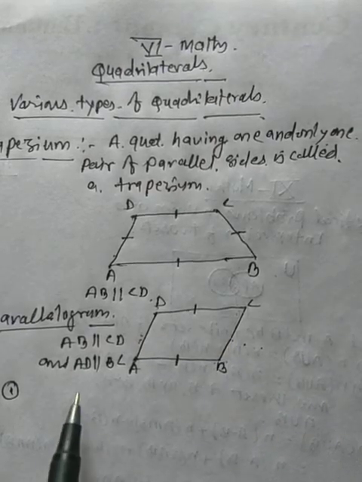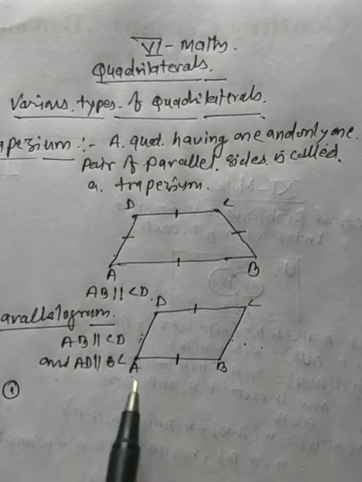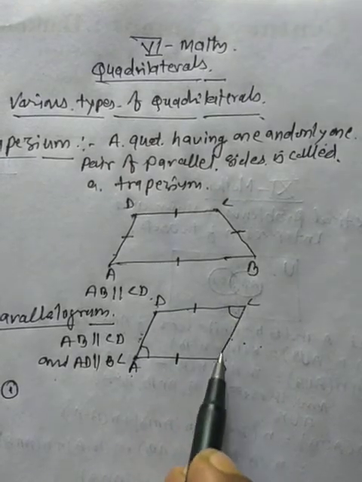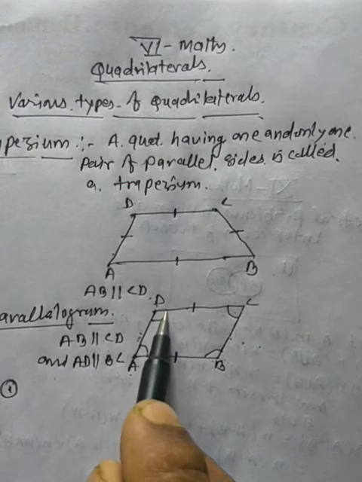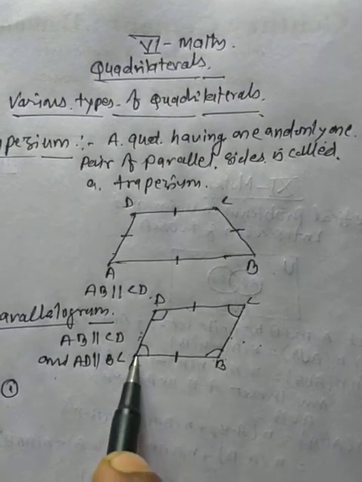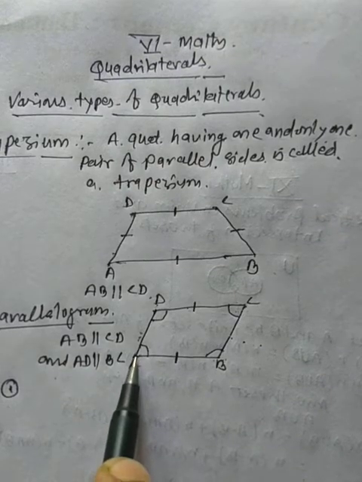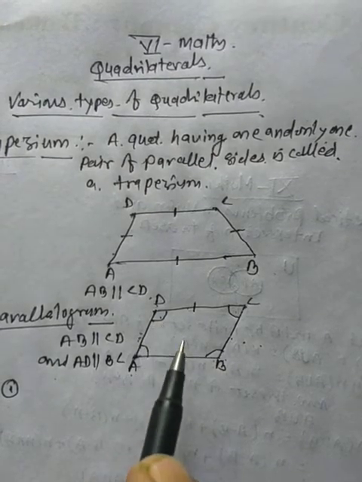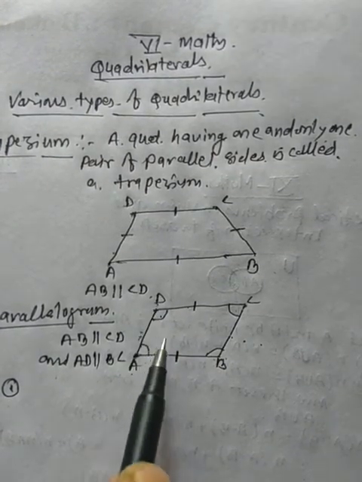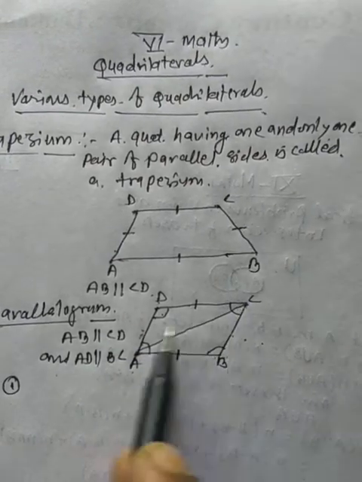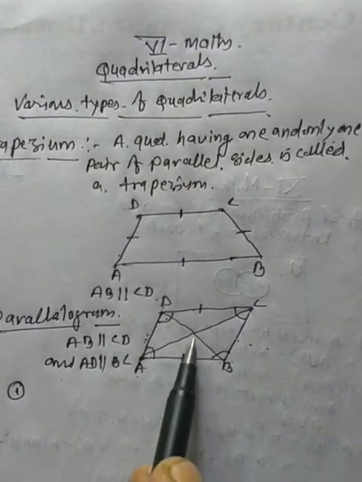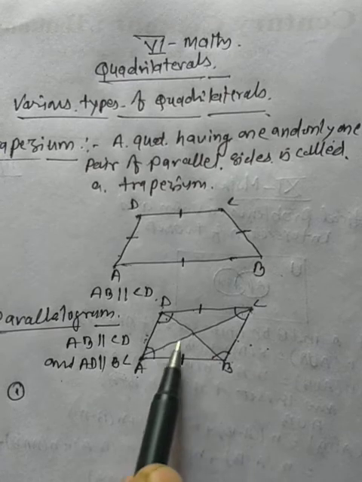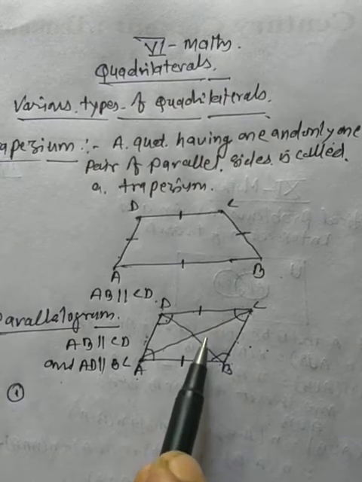Opposite angles of a parallelogram are equal. Angle A is equal to angle C and angle B is equal to angle D. AC and BD are called the diagonals of a parallelogram, and the diagonals of a parallelogram bisect each other.